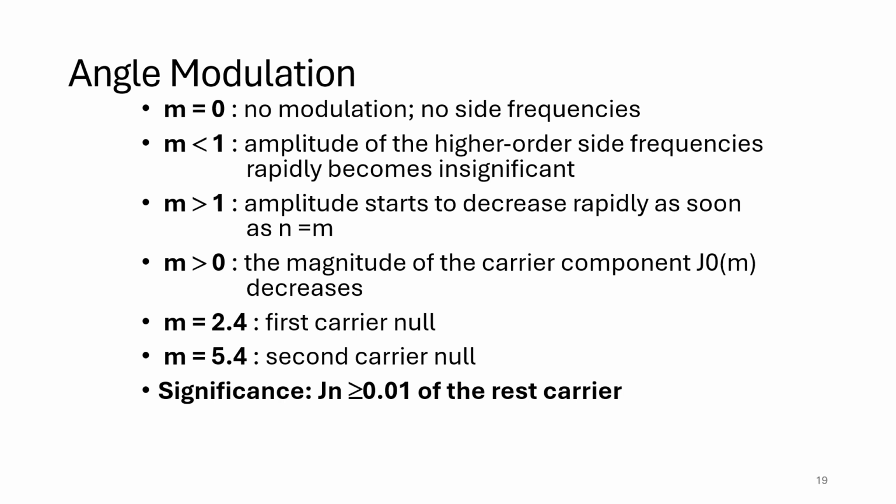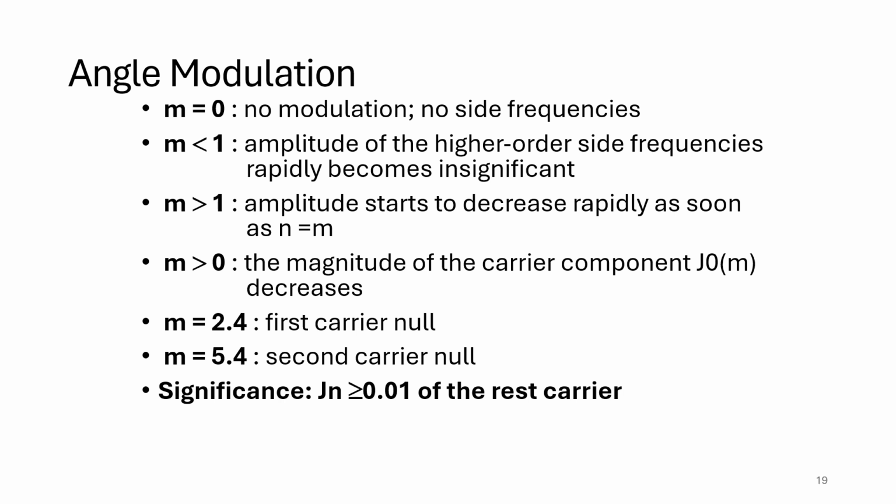If your modulation coefficient is equal to 0, there is no modulation, therefore there are no side frequencies. When M is less than 1, the amplitude of the higher order side frequencies rapidly becomes insignificant.